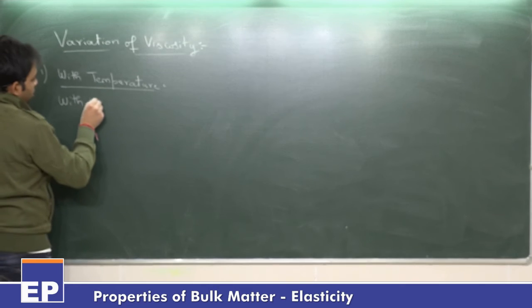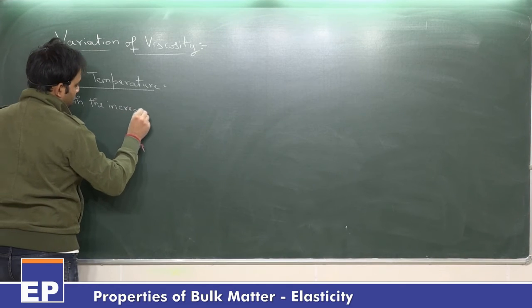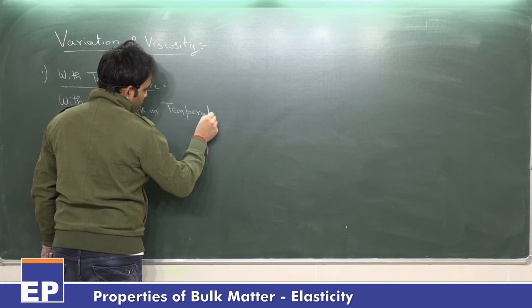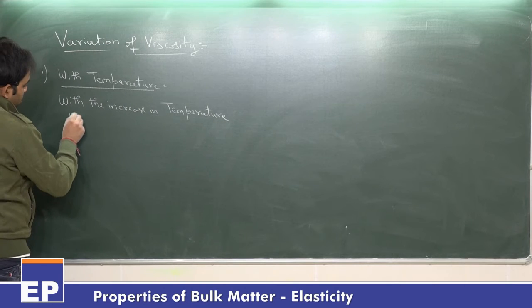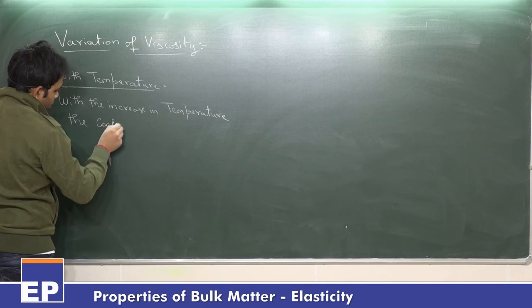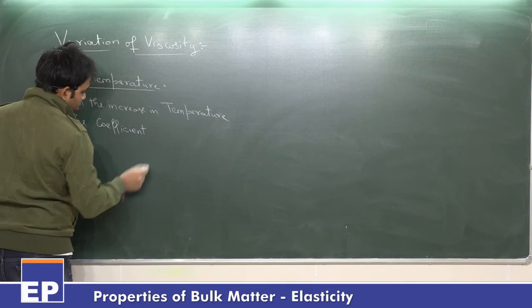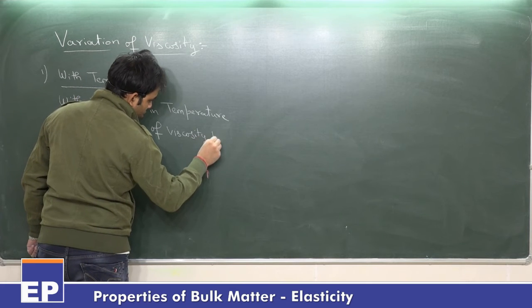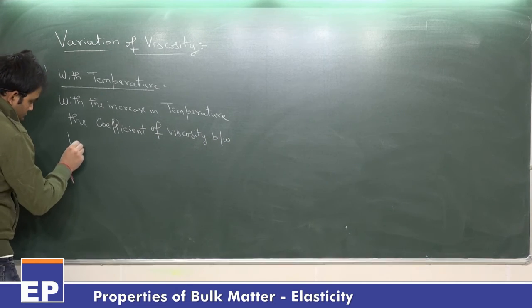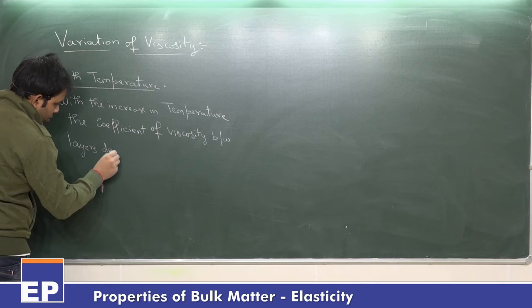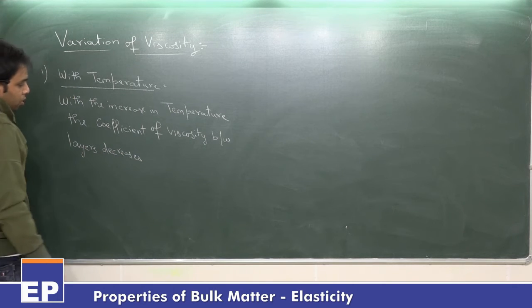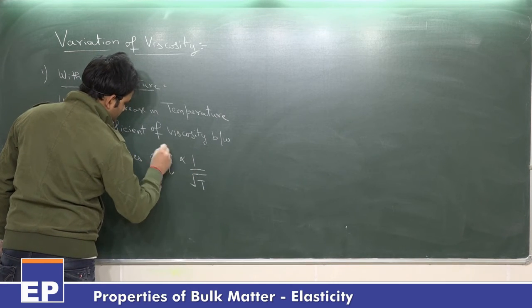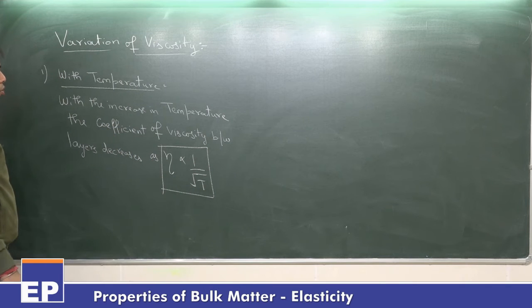With the increase in temperature, the coefficient of viscosity between layers decreases, as eta is inversely proportional to 1 upon root T.